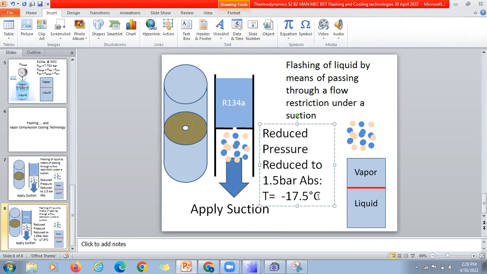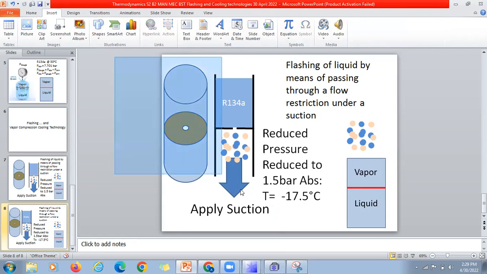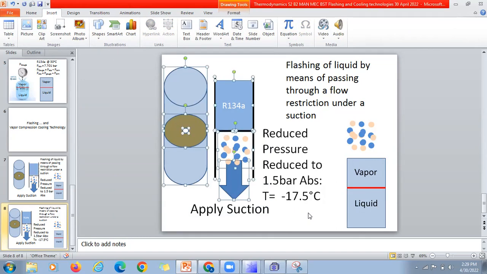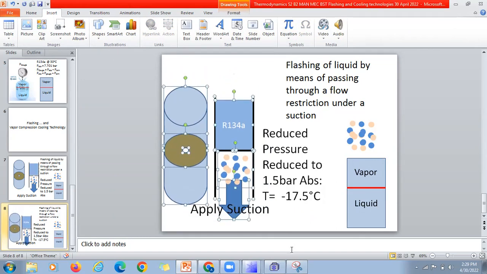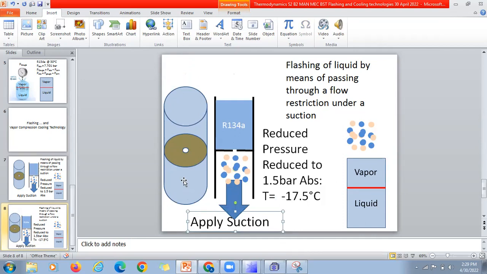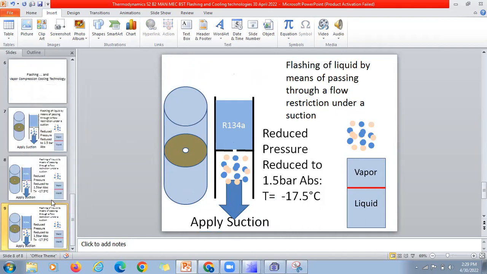So you got the point. Slowly we are building up this cooling technology concept out of learning the flashing phenomena, by means of passing through a flow restriction under a suction.